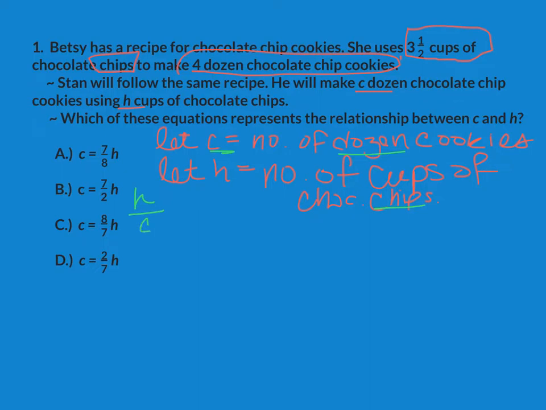H, again, is the number of cups of chocolate chips. So it's 3.5. I'm going to automatically change 3.5 to its improper fraction: 2 times 3 is 6, plus 1 is 7 over 2. And C is the number of dozen, and in the example they gave us, that was 4.